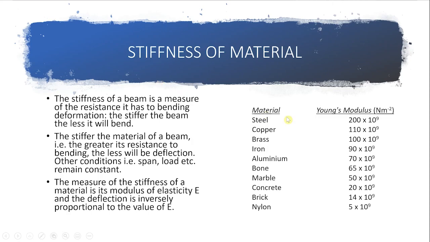Bila you tengok makin ke bawah ni, contohnya brick, so dia semakin stiff, dia semakin tidak elastic. Semakin ke atas ni, ini semakin elastic. So if you see here, besi ni semua lebih elastic, and semakin ke bawah ni semakin stiff lah materials tu.